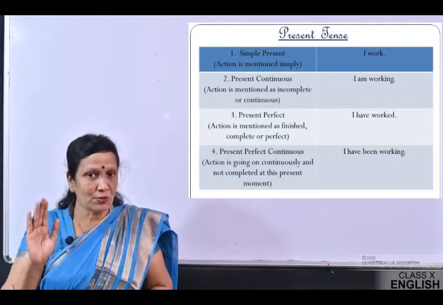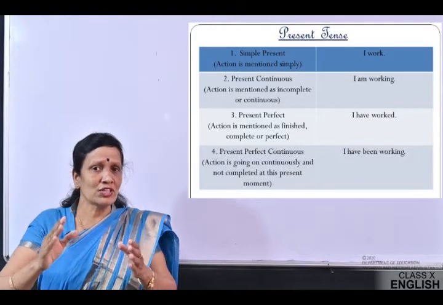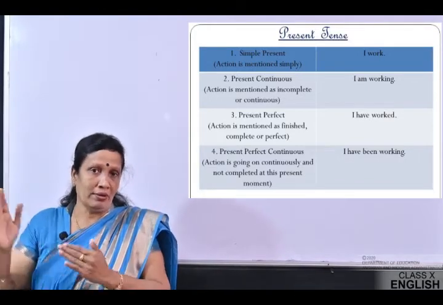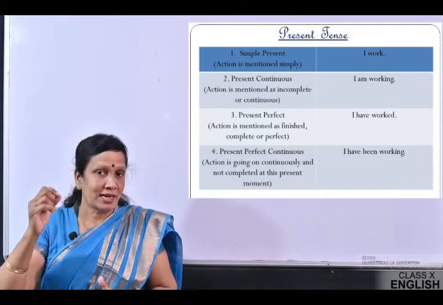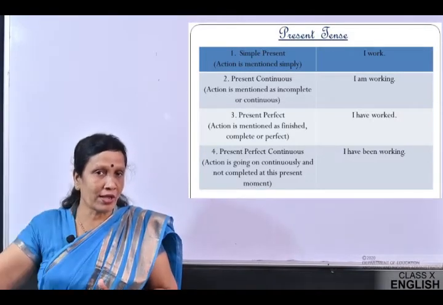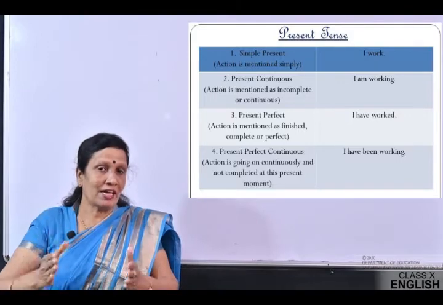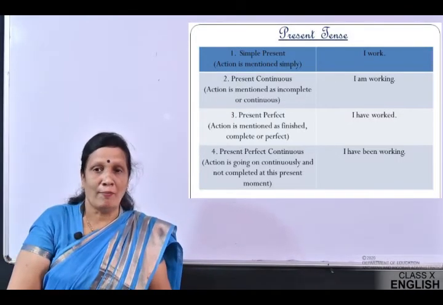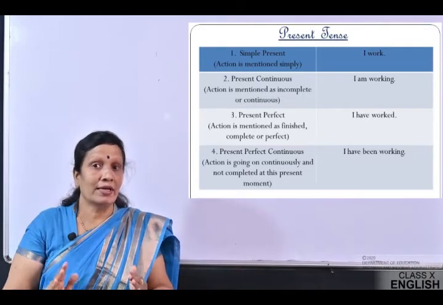Present continuous tense: the action is still continuing, it's going on. Continuous, as I told you, means the action is going on. So wherever the action is continuing, you use the ing form. I am working.